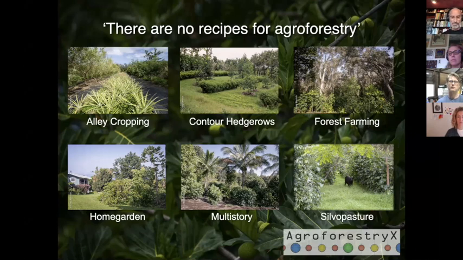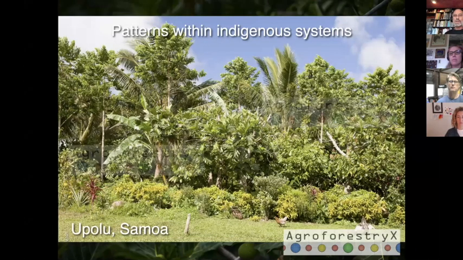This example here is one that we will use throughout the webinar today. This is a commonly found type of agroforest in Samoa. It exists today and it's been around for a long, long time.